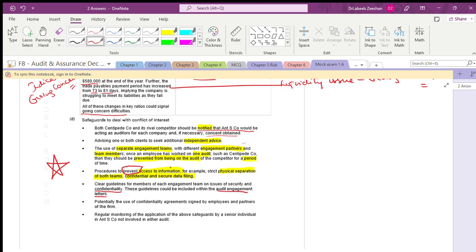Potentially use confidentiality agreements signed by the employees and the partners. You have to get the confidentiality agreements signed. And last but not the least, regular monitoring of the safeguards. By whom? By a senior individual who is not involved in the audit.